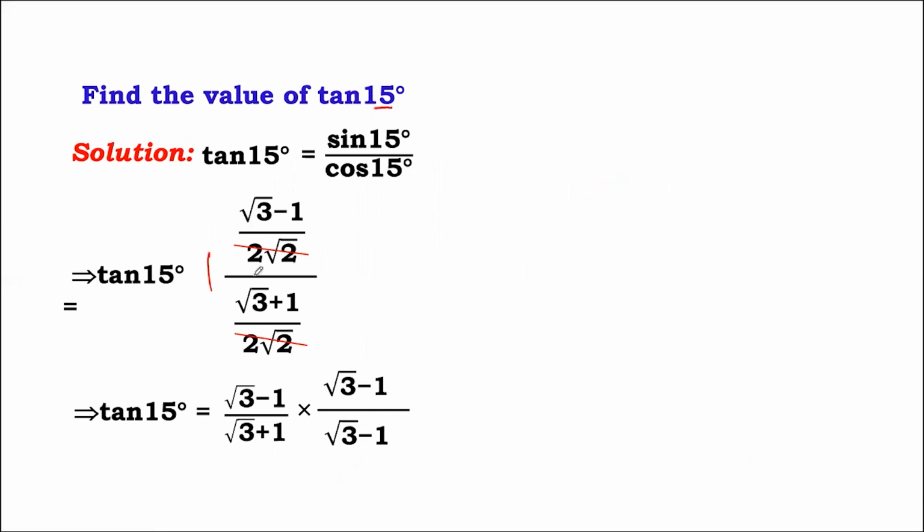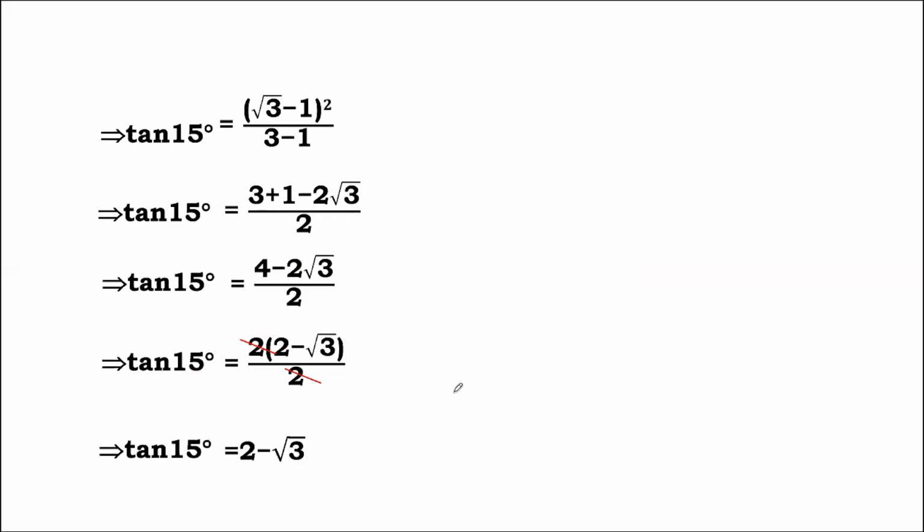The best way to get this is, we know that tan is sine upon cos, cancelling out the common terms. So one of the formulas is root 3 minus 1 upon root 3 plus 1. But we can go ahead with this: multiply both terms with the conjugate, and we get 2 minus root 3.